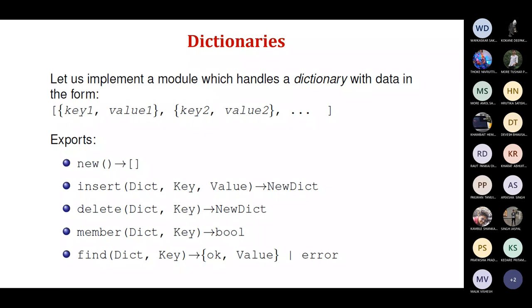All the dictionary functionality resides in the dict module. So there is a module called the dict module, right? You have to use the keyword dict in order to create a new dictionary. If I say dict colon new, then it's going to create a new dictionary. This is how Erlang makes use of dictionaries internally.